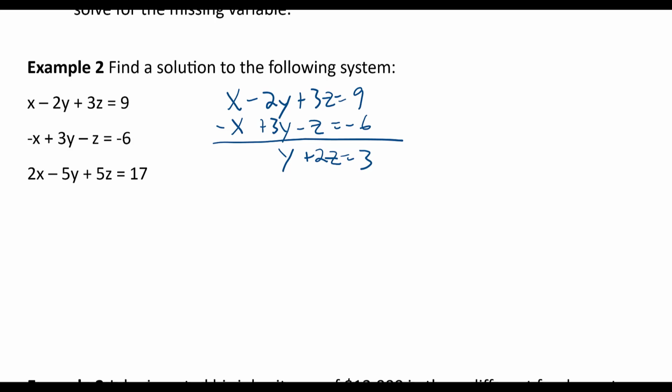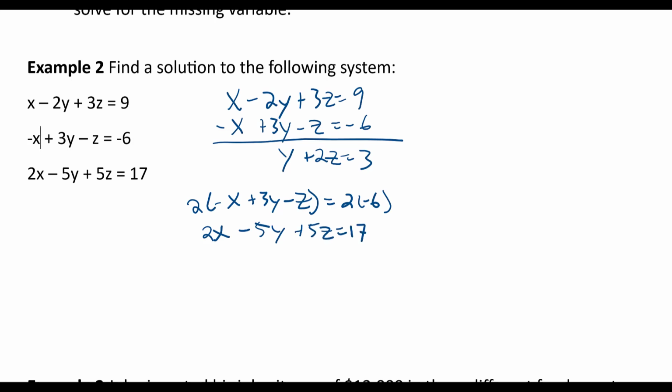Let's see what the next equation would be. I'm going to take that second and third. I'll do 2 times that second one. So if I do 2 times negative x plus 3y minus z equals 2 times negative 6, and I'll pair that up with the 2x minus 5y plus 5z equals 17. So what am I going to have?